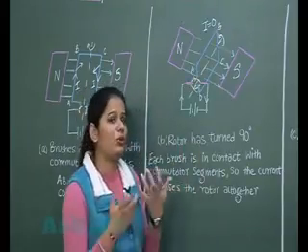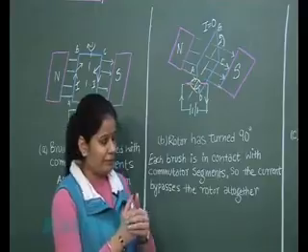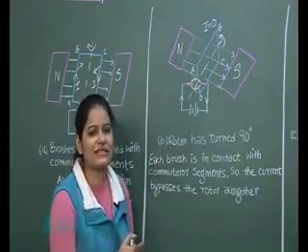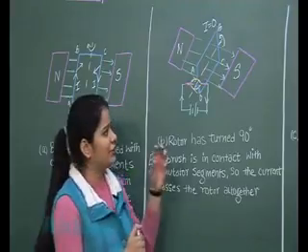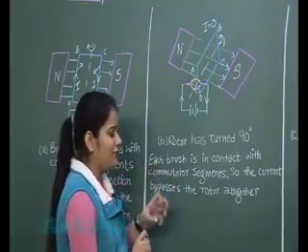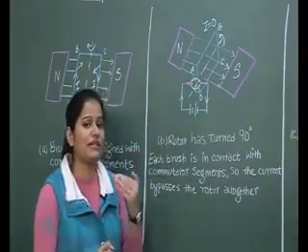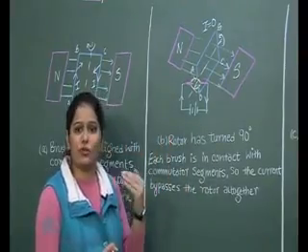But student, if no force is acting on the coil, then how will it rotate further? Student, we have discussed inertia of motion. We know if an object is in motion, it cannot change its state of motion on its own.